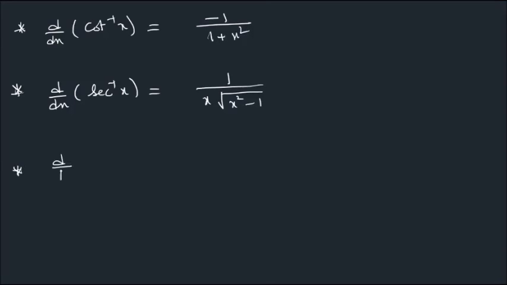And the last one, d by dx of cosec inverse x is equal to minus 1 by x into under root of x square minus 1. Please learn all these identities to solve the problems of the exercises.